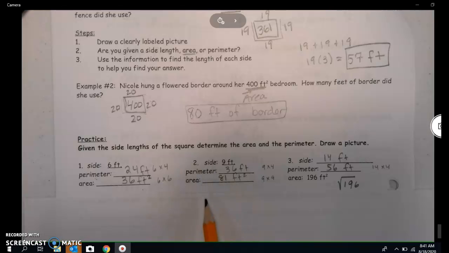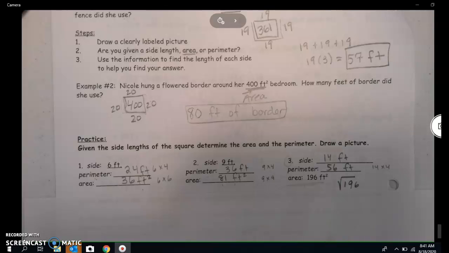On number 2, it's the same idea. Our perimeter is 9 times 4, which is 36 feet, where our area is 9 times 9, which is 81 feet squared. Looking at number 3, this one was a little tricky. So we were given the area, so this is similar to the problems I just went over in number 1 and number 2.